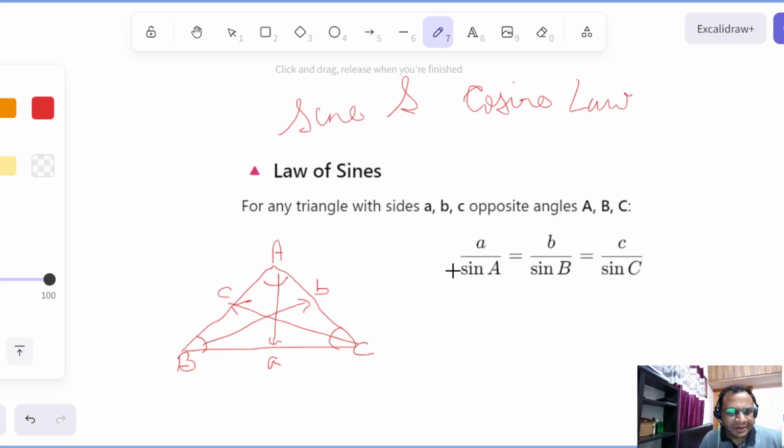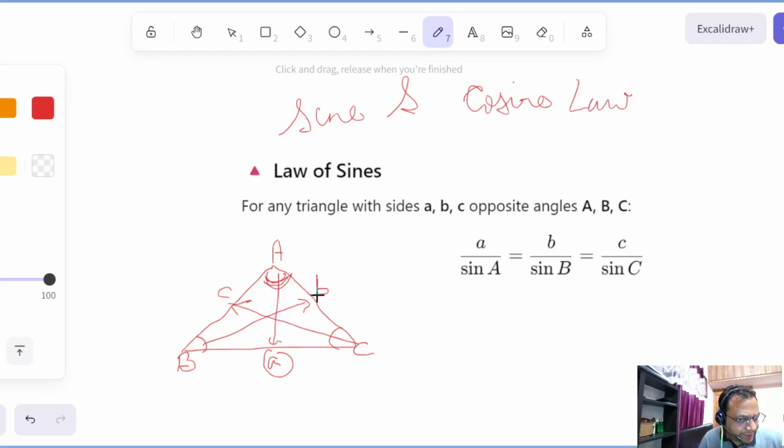So what this sine law says is the ratio of the side to the sine of the opposite angle will be the same with the other side and the sine of the angle opposite to it. So a upon sine A means this side and the sine of the opposite angle.